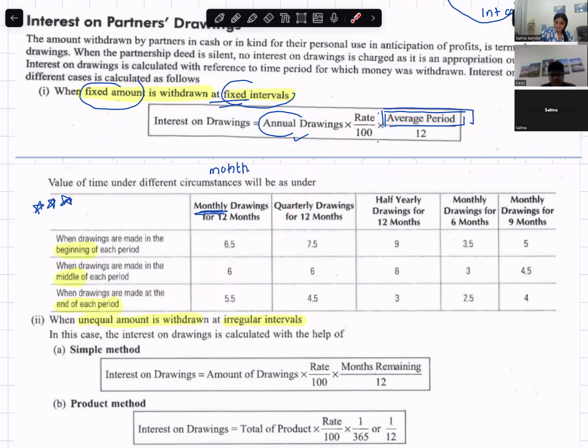With me? So fixed amount, fixed interval, and you are doing monthly: beginning of every month, middle of every month, and end of every month. Now quarterly. If you're doing drawings quarterly, at the beginning, middle, or end of every quarter.